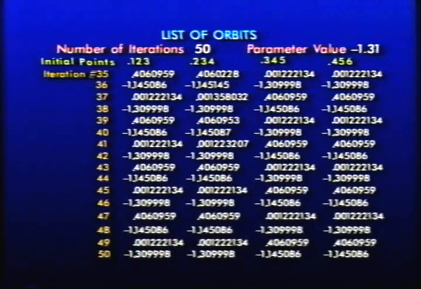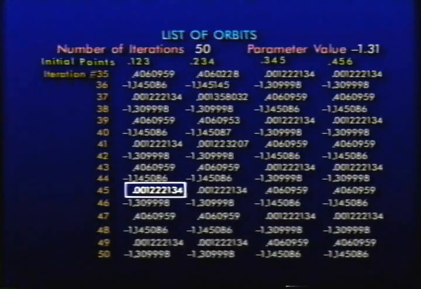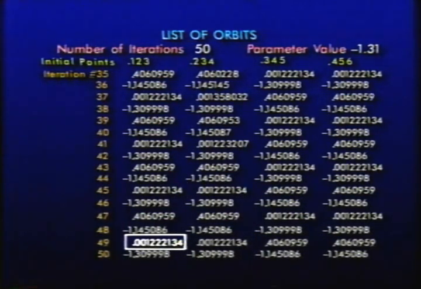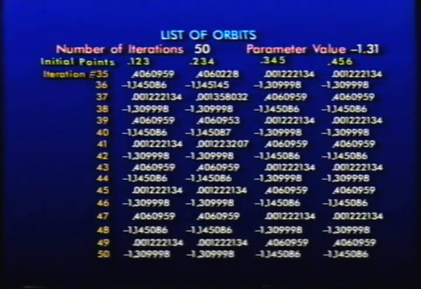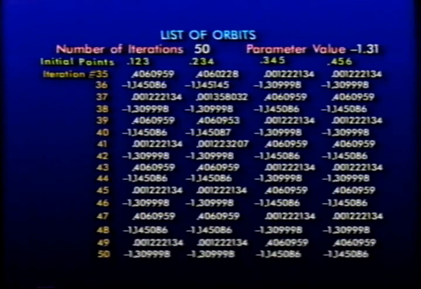And what you see is, instead of cycling back and forth between 2 points, these orbits all tend to cycle back and forth between 4 points. At iteration 45, we're at 0.0012. At iteration 49, we're back at the same point. So we see that instead of cycling between 2 points, orbits of x squared minus 1.31 tend to cycle back and forth between 4 points. What we're observing is the beginning of the period doubling route to chaos.